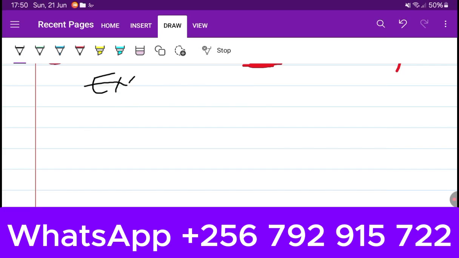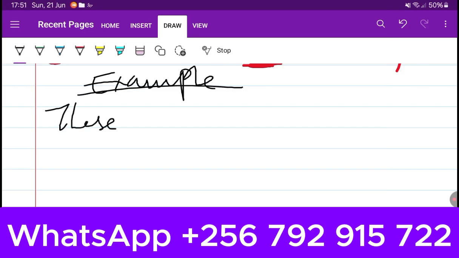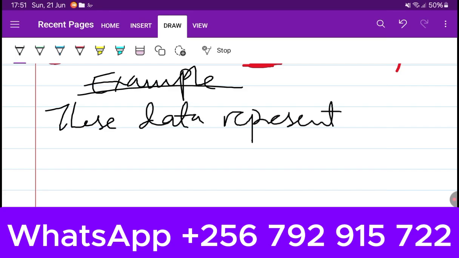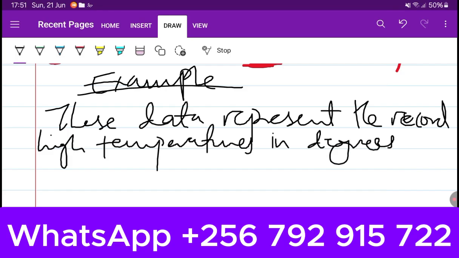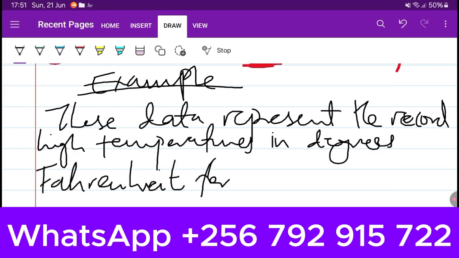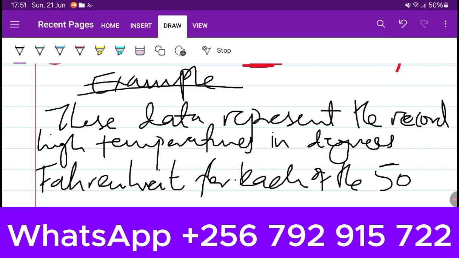So, example: this data represents the record high temperatures in degrees Fahrenheit for each of the 50 states.